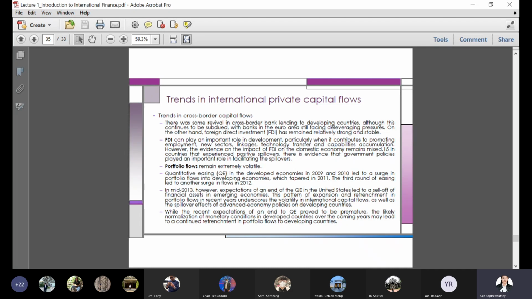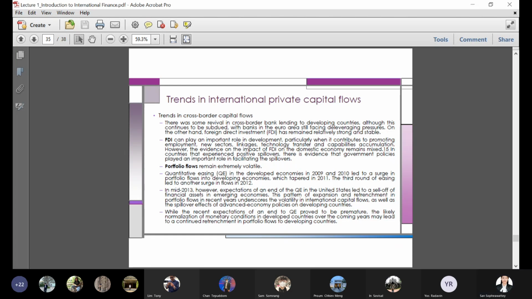And then later on, those advanced economies start easing again, which led to another surge in inflow into developing economies. So you can see just during several years, the policy from developed economies has posed volatilities in portfolio flow into developing economies.